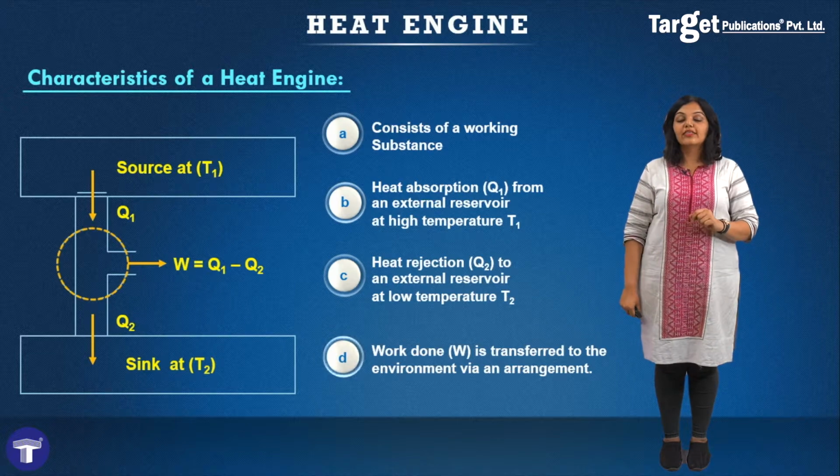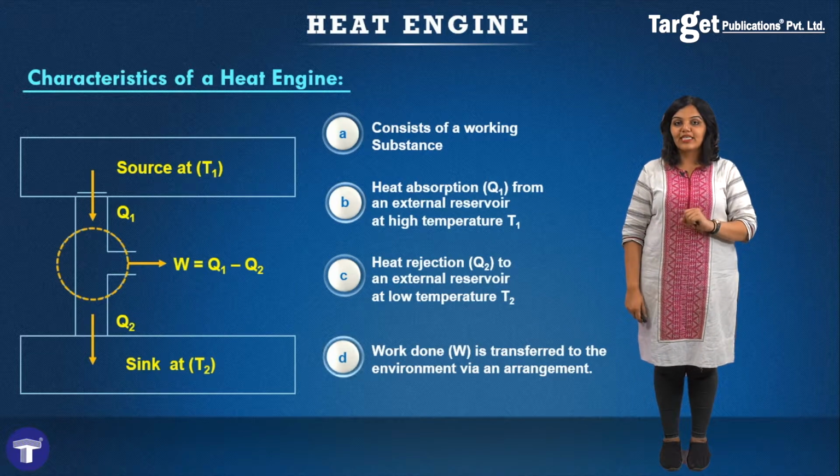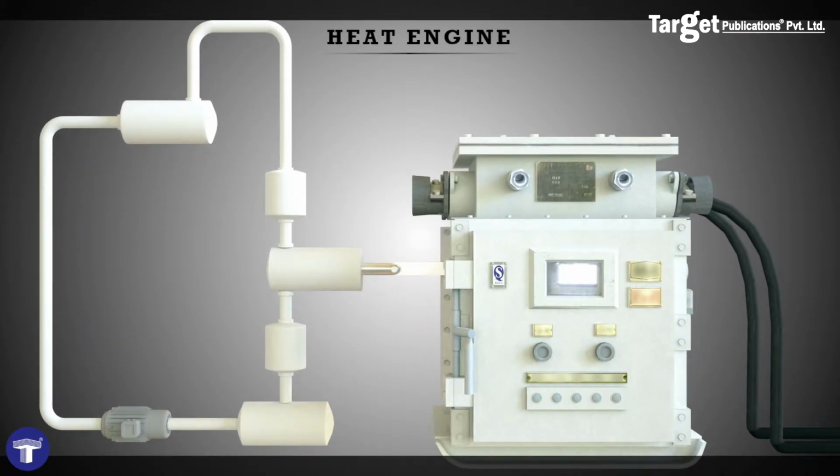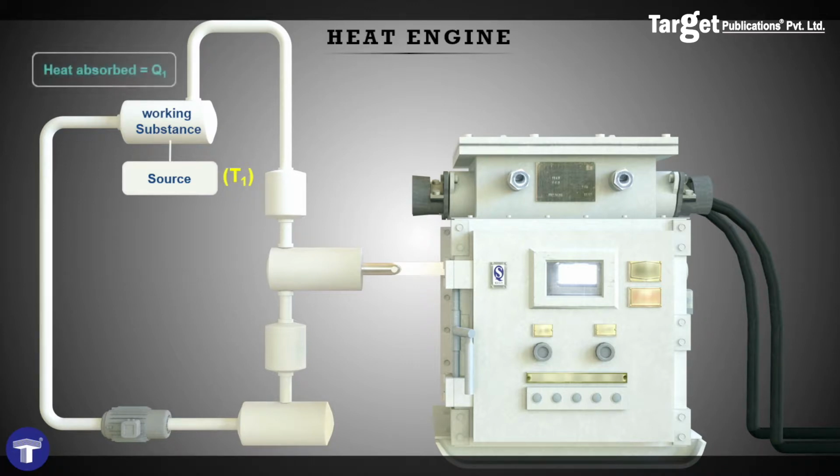So let's take a look at the working of this heat engine one more time. For example, if you can see in this given system, you have the working substance which is absorbing heat energy from a source at temperature T1, where T1 is a high temperature, and let's say that the heat absorbed by this working substance is equal to Q1.